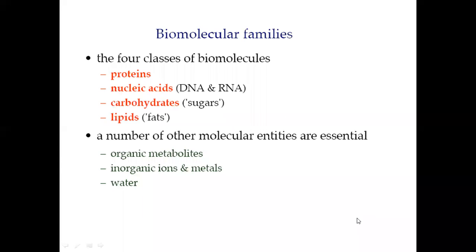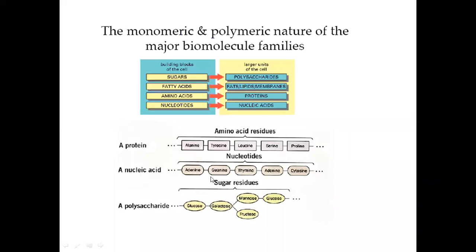Okay, as mentioned before, these are the four classes of biomolecules: the proteins, nucleic acids, carbohydrates, and sugars. All of these are made up of repeating units. For proteins, the repeating units are amino acid residues. For nucleic acids, where our DNA or RNA comes from, the repeating units are called nucleotides.